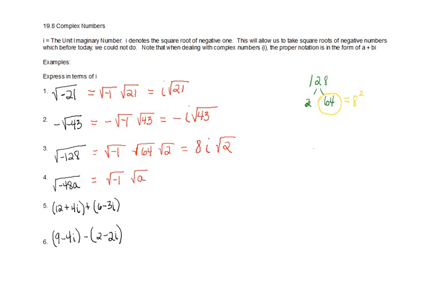I know 16 goes into 48, and it goes into it 3 times. So once again, I can stop, because I know that 16 is 4 squared. 3 is prime, can't simplify it anymore. So this is going to become the square root of 16 and the square root of 3.